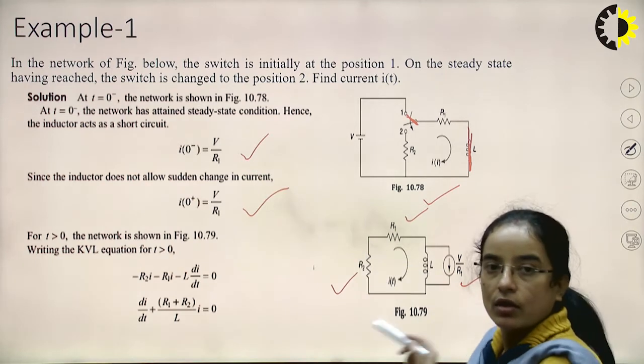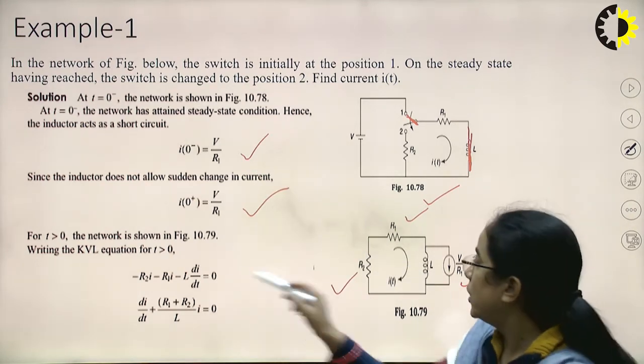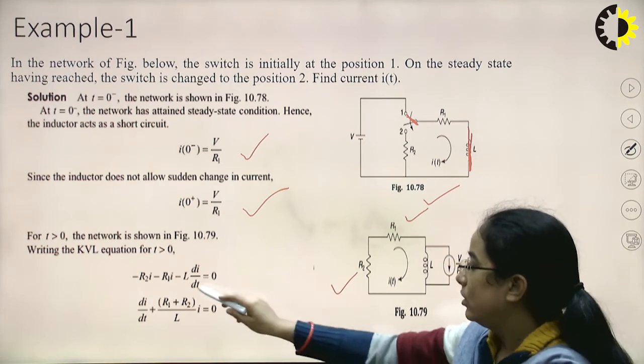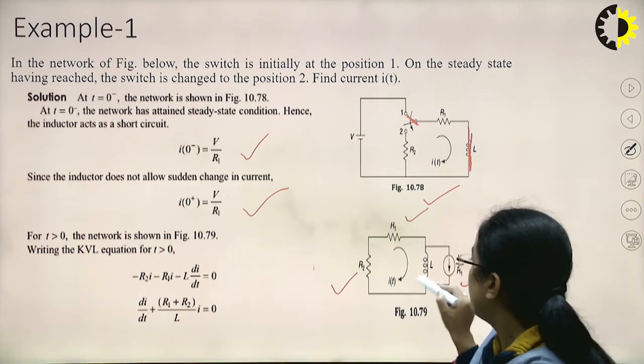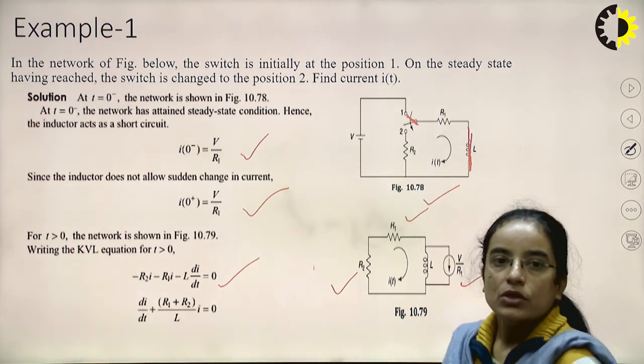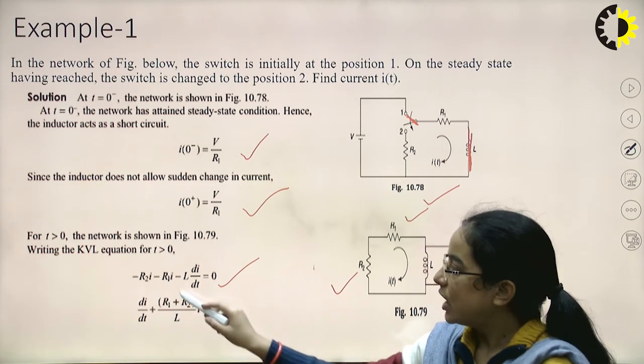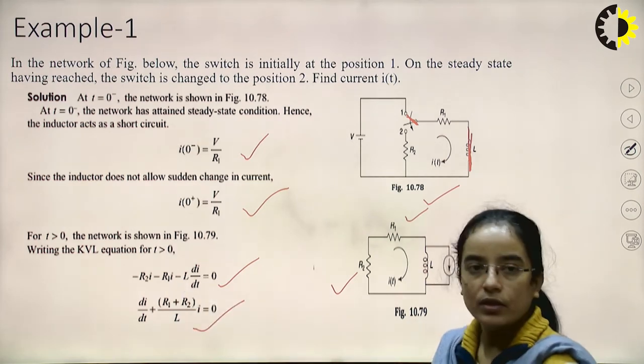Now we will write the KVL equation for this network. It will be R2 into I minus R1 into I minus L d by dt of I equal to 0. Okay, so now d by dt of I plus R1 plus R2 by L into I equal to 0.